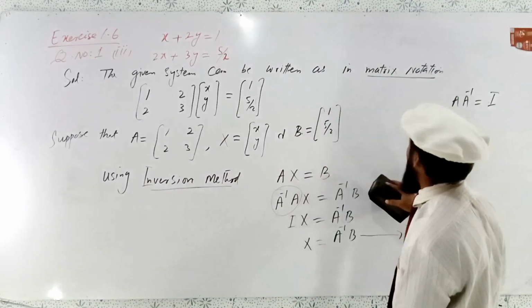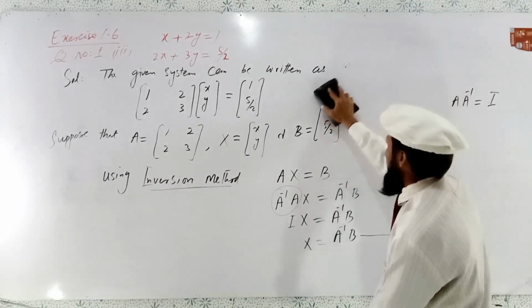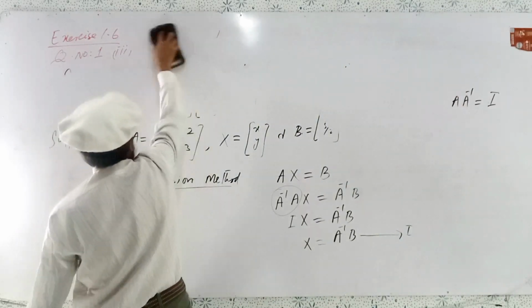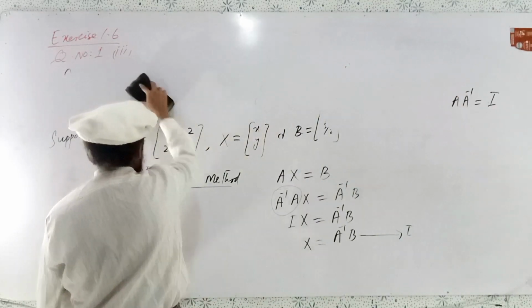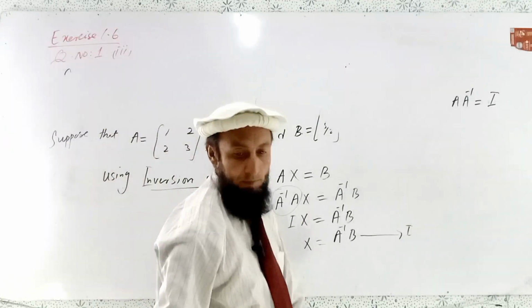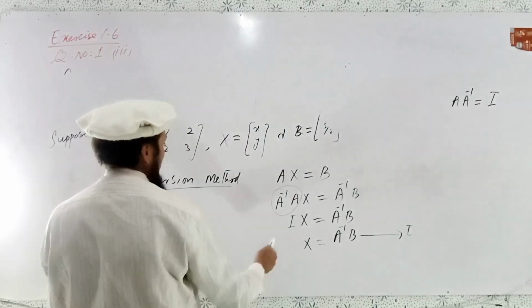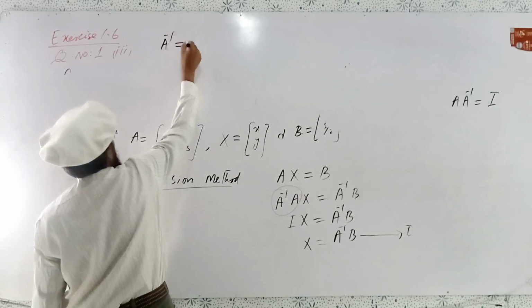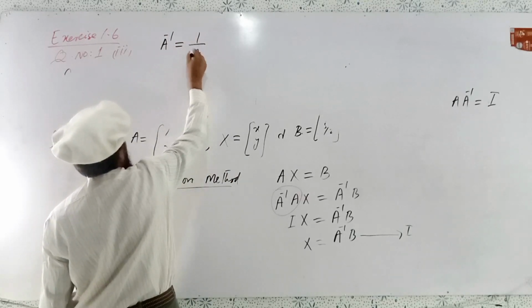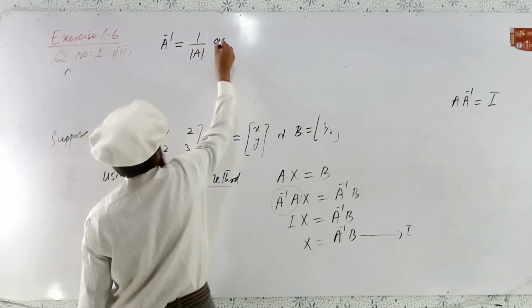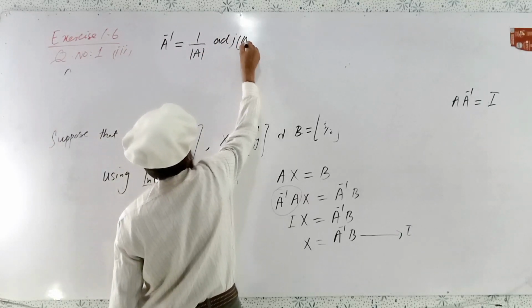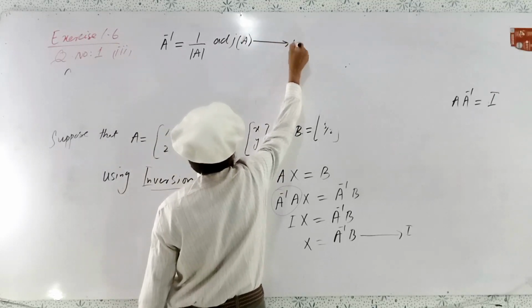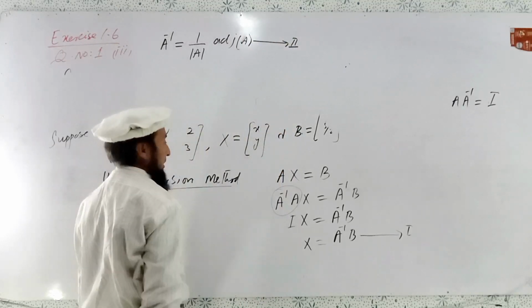Now we write the solution for A inverse: A inverse is equal to 1 over determinant of A times adjoint of A. This will be equation number 2.